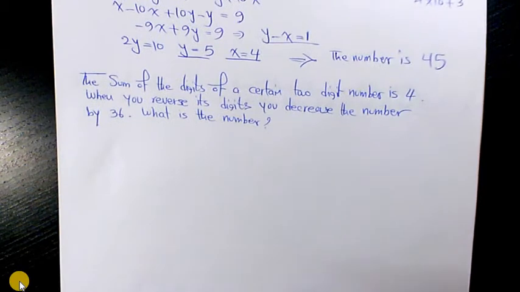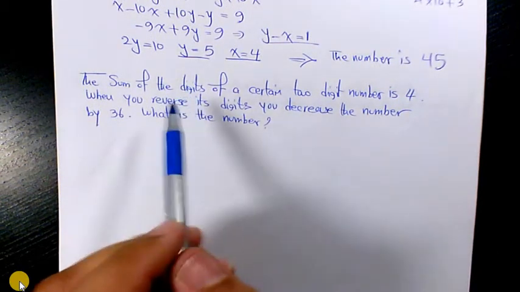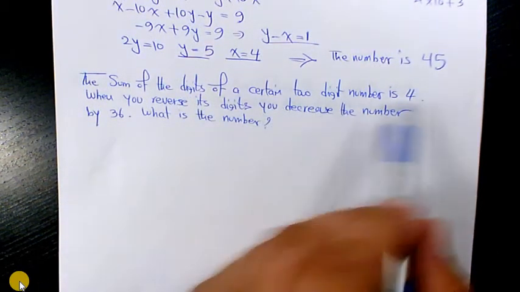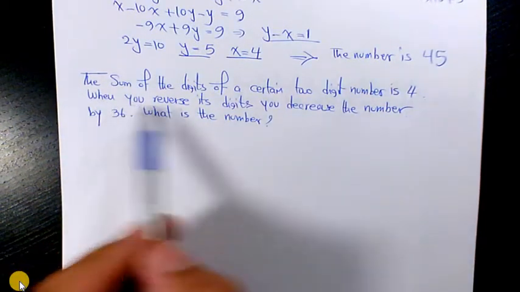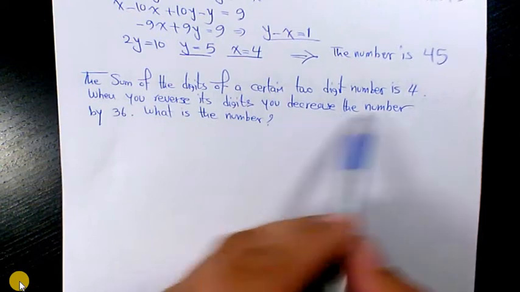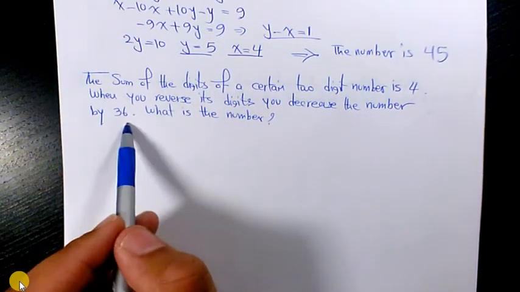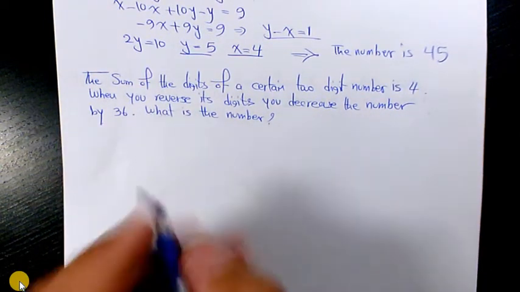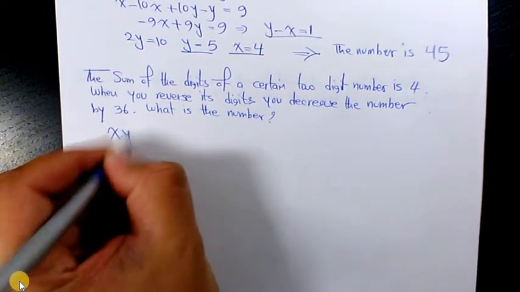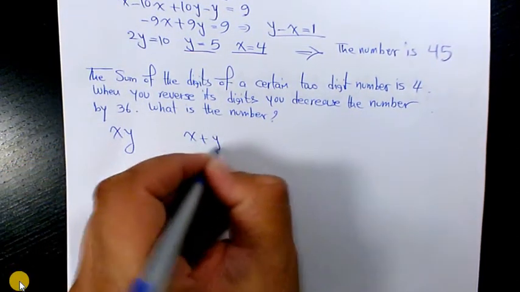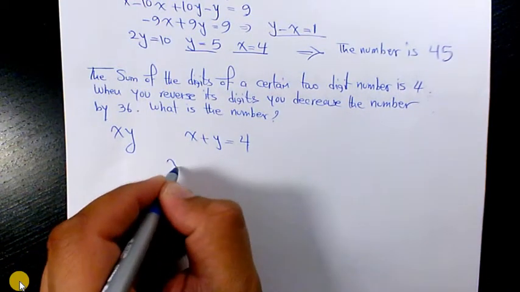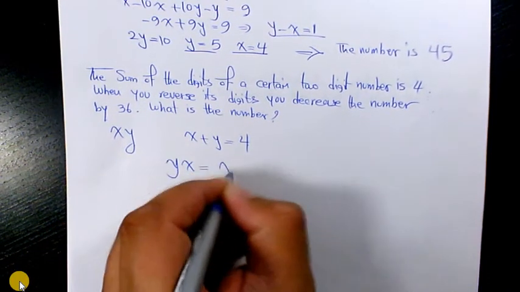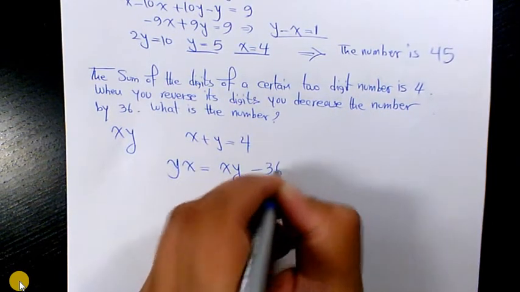Next one. The sum of the digits of a certain 2-digit number is 4. When you reverse its digits, you decrease the number by 36. What is the number? So again, the same thing. xy, x plus y is 4. So yx equals xy minus 36.